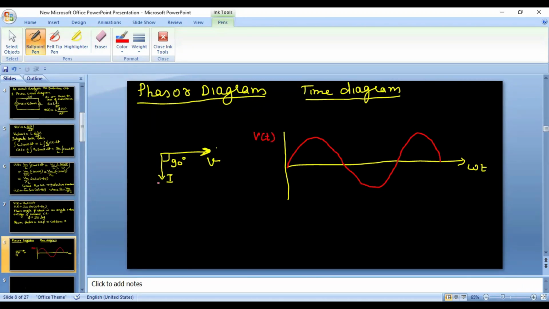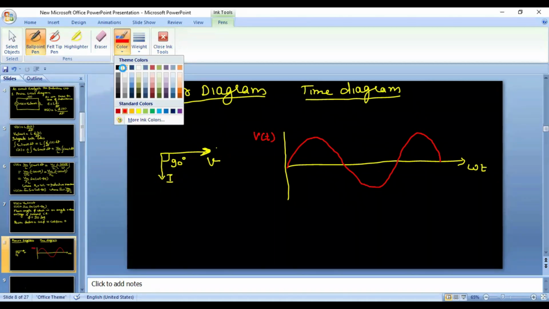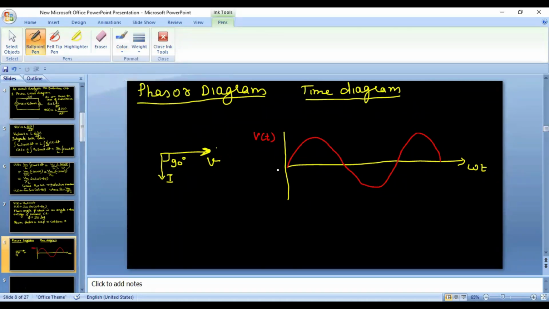And you can see here the current is 90 degrees lagging from the voltage. That means the voltage is starting from 0. This is 0, this is pi, this is 2 pi, and in between we have pi by 2 and this is 3 pi by 2.